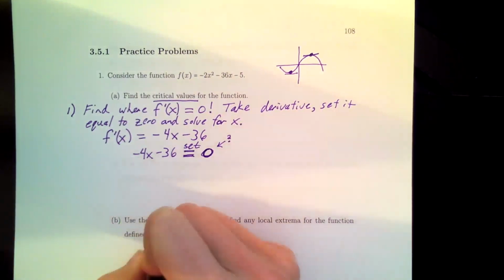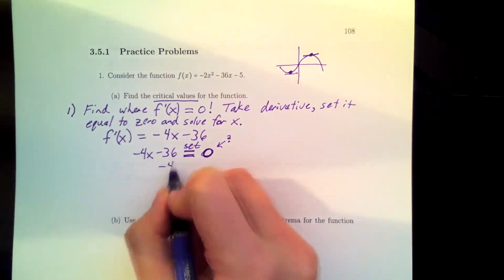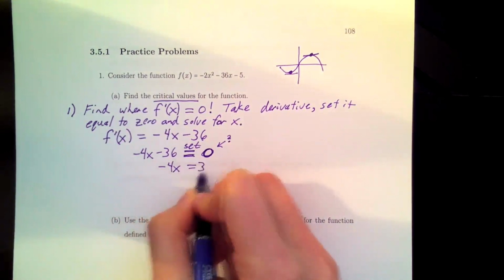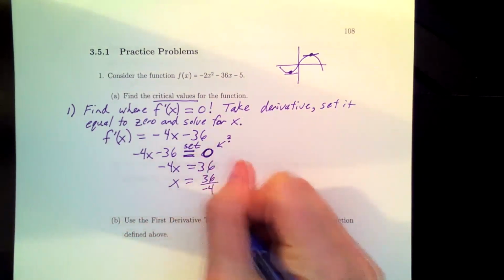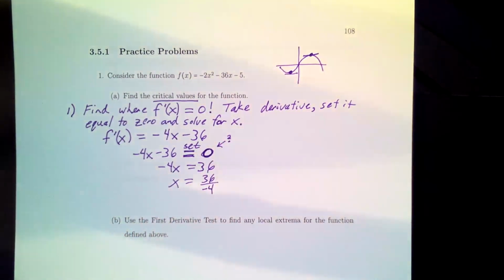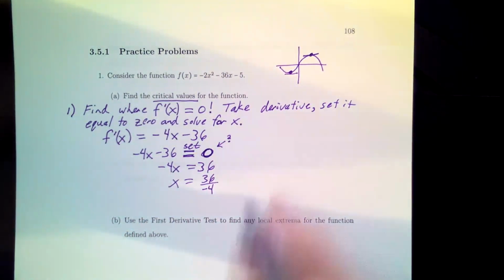Take your derivative, set it equal to 0, solve for x. You have minus 4x equals 36. Divide both sides by minus 4. Get 36 divided by negative 4, which is negative 9.